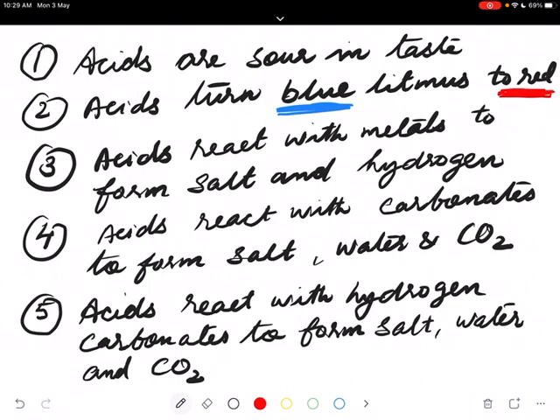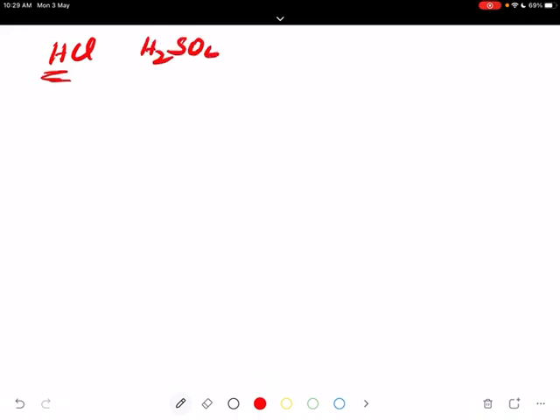Next property is acids contain H plus ions. All acids. When you check the formula HCl, see H is there, H2SO4, H is there, HNO3, H is there, CH3COOH, acetic acid or vinegar.